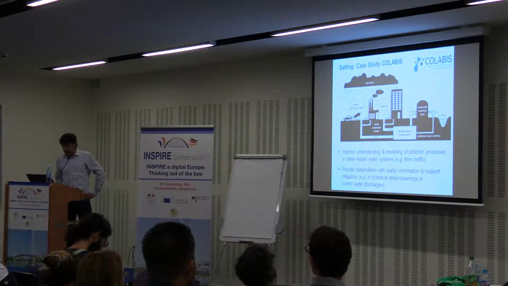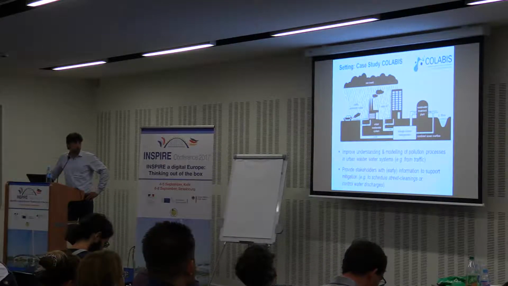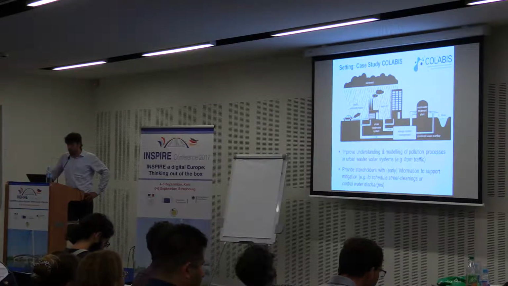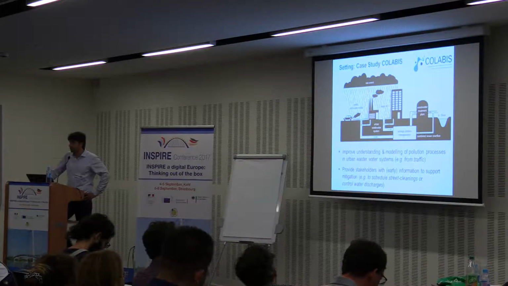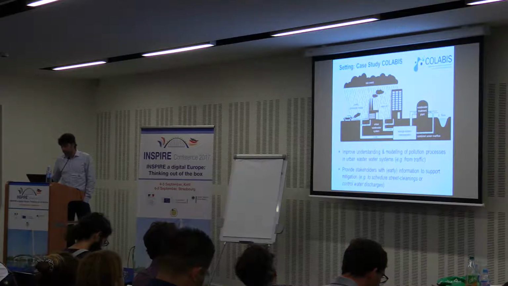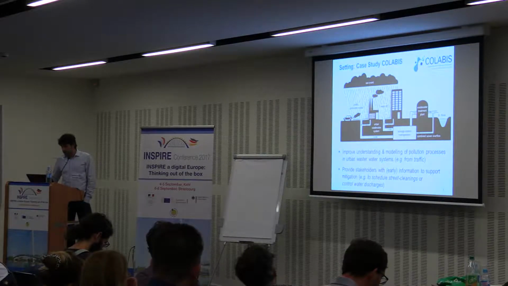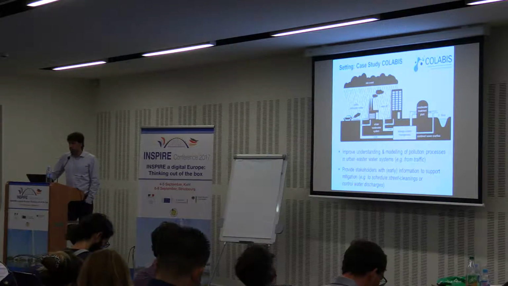This causes problems in cases of heavy rain events, because sometimes the wastewater treatment plant is no longer capable of handling the huge amount of water, and then it comes to a so-called combined sewer overflow.